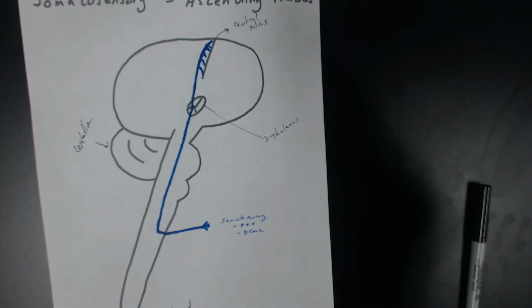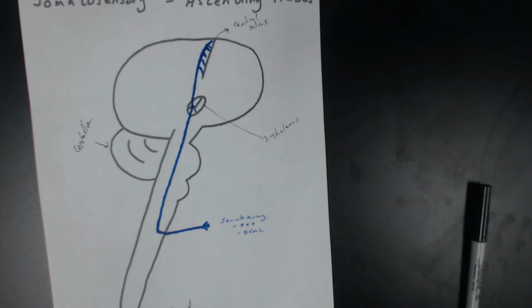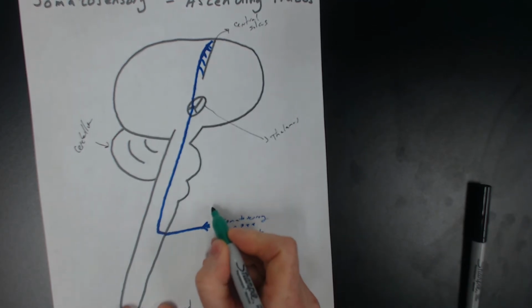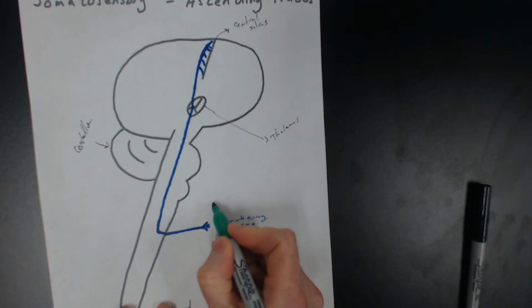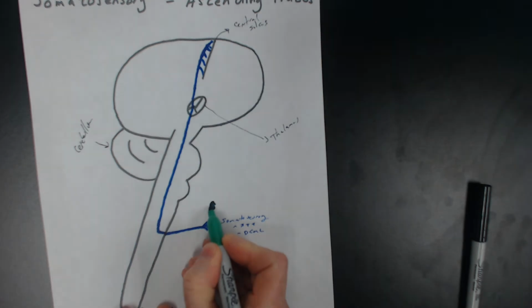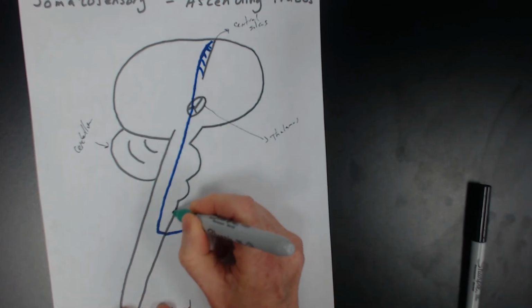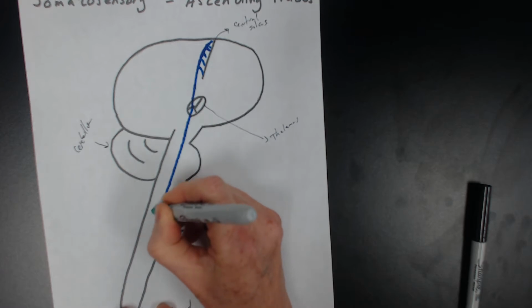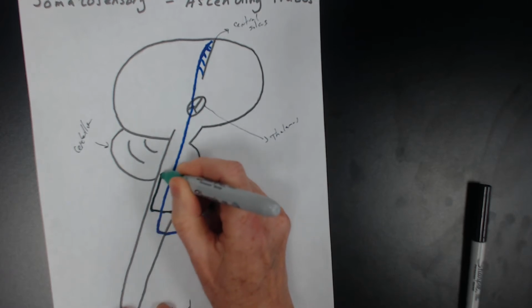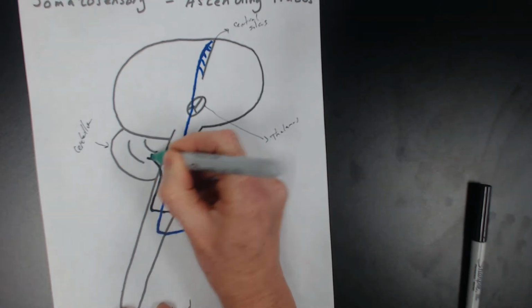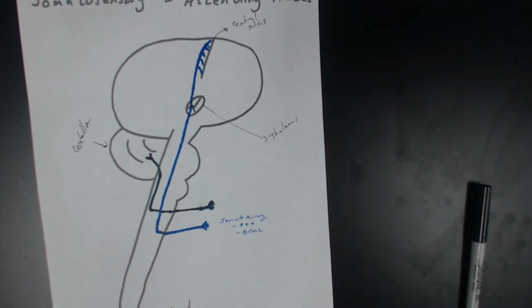There's also some non-conscious information coming in, okay? And that non-conscious information coming in, it's going to come into the spinal cord and then come up and transmit information into the cerebellum.